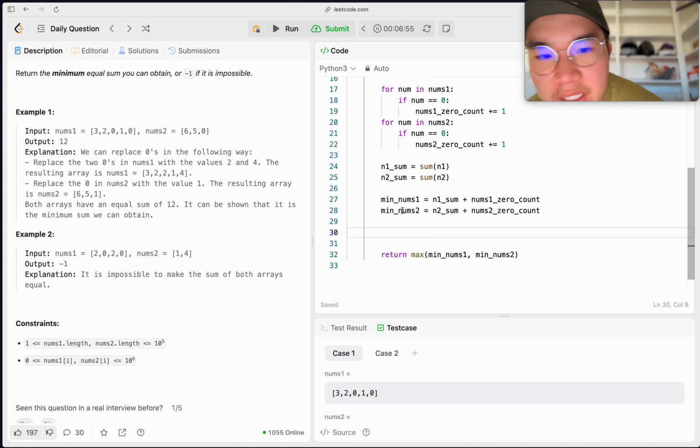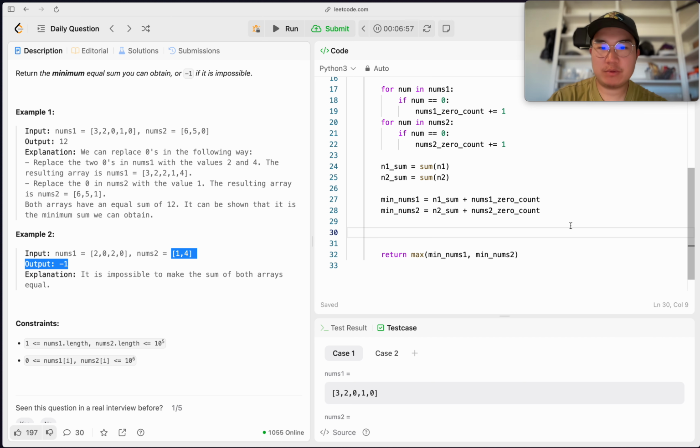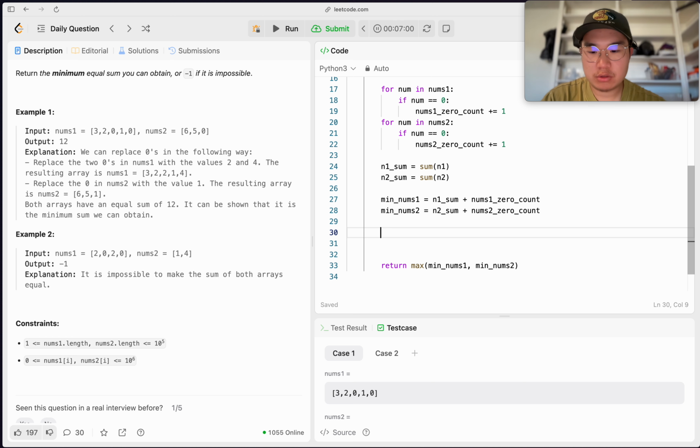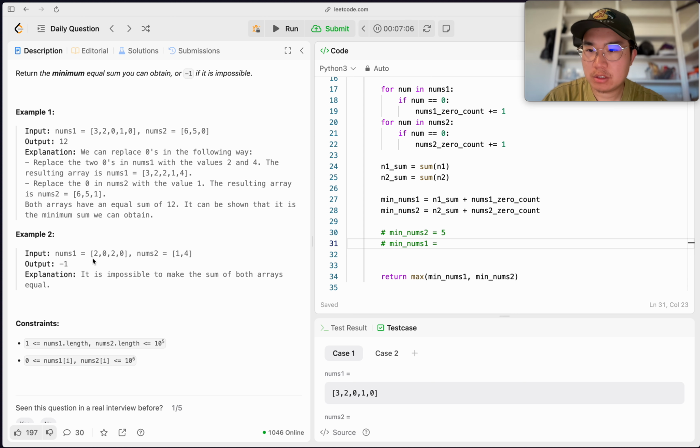Wait, so the minimum of nums2 on this one would be 5, right? So the min nums2 would be 5, and then the min of nums1 would be 6. We need to take the larger one.